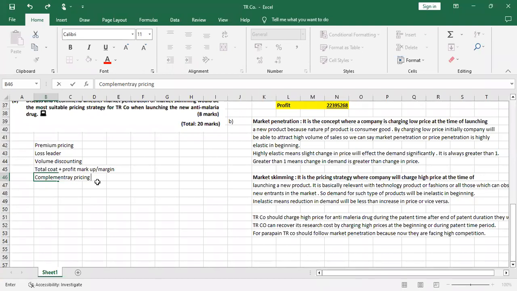So rather than charging $18, we will charge $15. We are giving you a discount of $3. This is called complementary pricing.